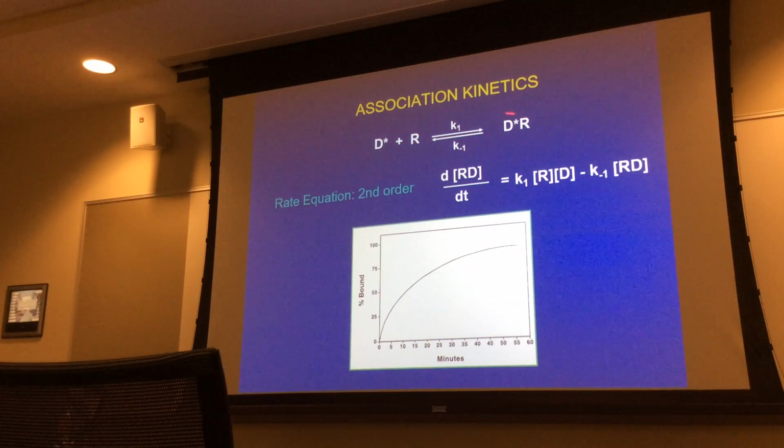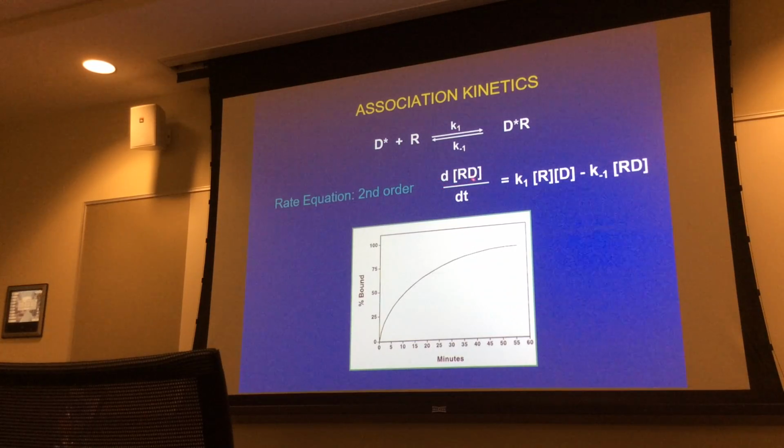It binds to create the bound radiolabeled receptor complex with a rate that's defined by K1. That's fine, okay? But the problem is that as soon as you form the drug receptor complex, it dissociates. And of course, the rate of that dissociation depends upon K minus 1, which we've already calculated. So the rate equation for this is very complicated.